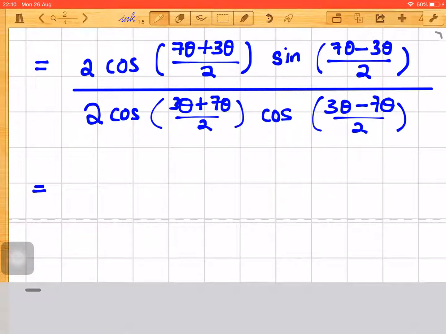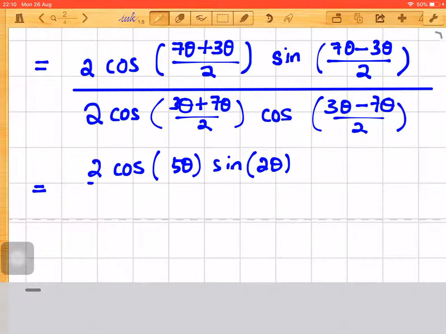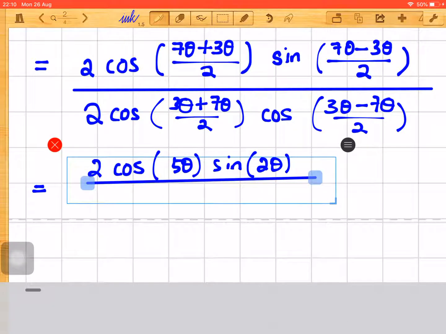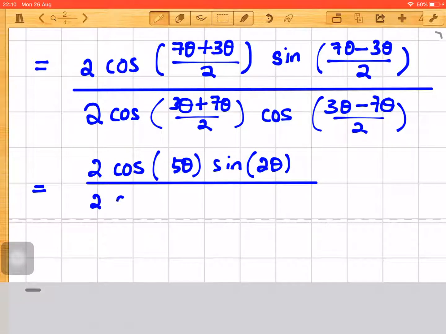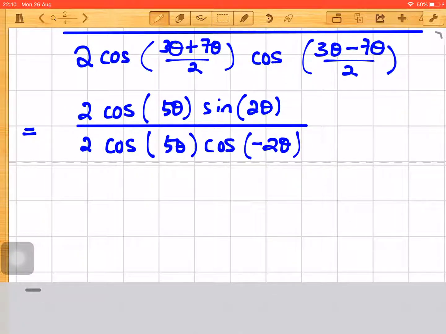So right here you will have 2 cos 10 theta over 2, which is 5 theta, and sine 4 theta over 2, which is 2 theta, over 2 cos 10 over 2, which is 5 theta, and cos negative 2 theta. So observe that what you can cancel off: 2, this and this.